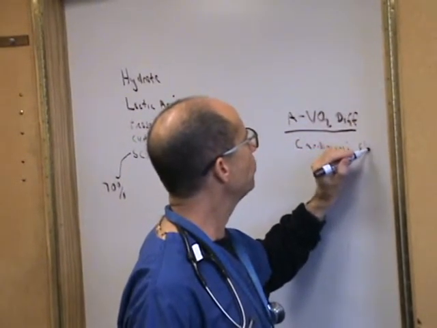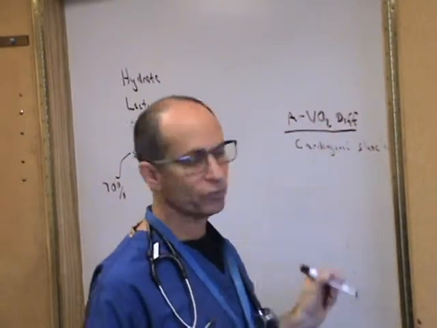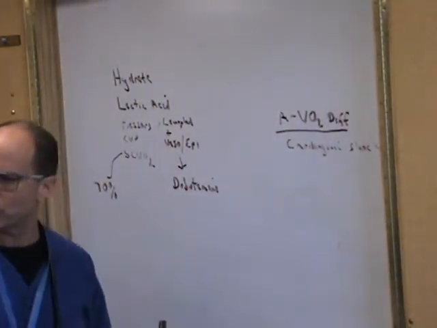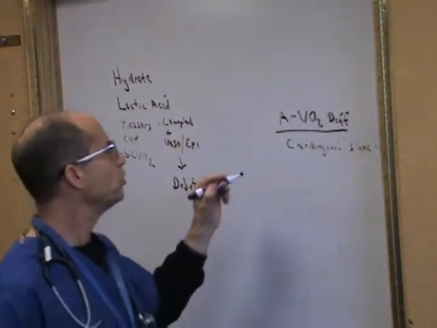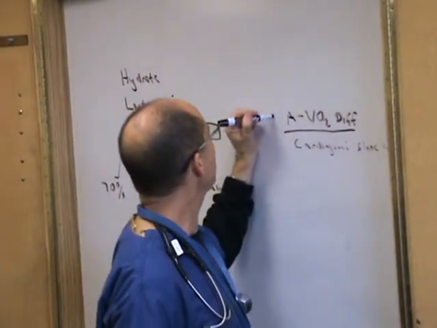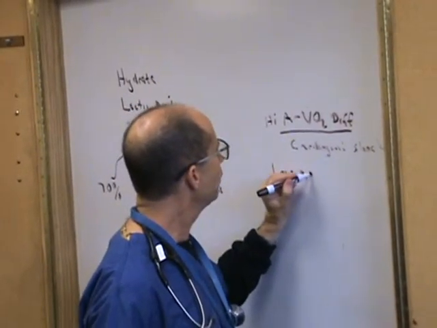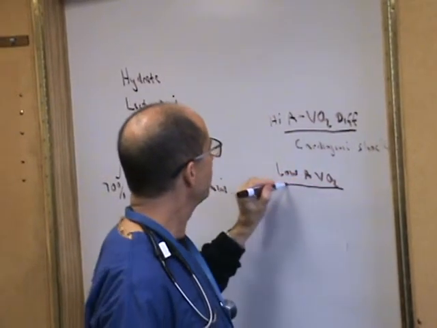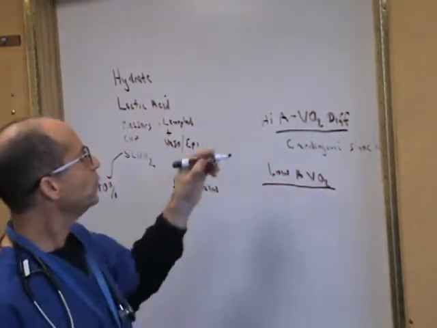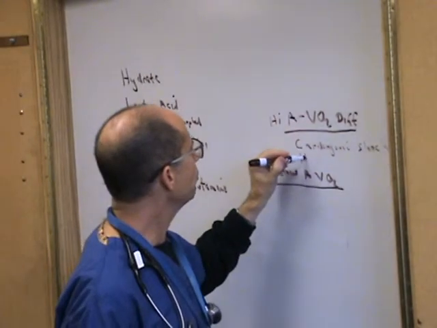Because your cardiac output is lousy, your oxygen delivery is lousy, and you extract as much as you can, right? And what gives you a low AVO2 difference? Sepsis. And hypovolemia is going to do this too, right?